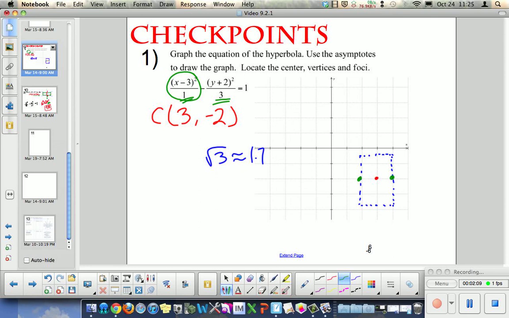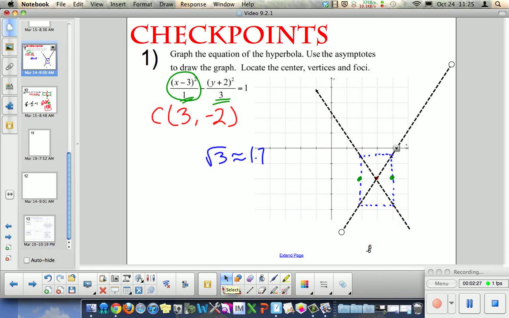Now, I do want to draw in my dotted lines to describe the asymptotes that this graph will get infinitely close to. And those dotted lines go through the corners of the box. So the hyperbola is going to be sandwiched between those dotted lines from this point and this point going in both directions.